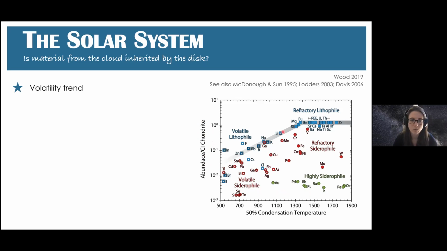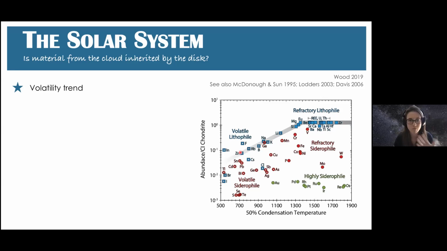And this trend that we're seeing, especially for those blue elements, has been interpreted as the fact that early on, before the sun formed and the planets formed, the material was heated to temperatures above 2000 Kelvin, completely atomizing all this material. And then during the formation of the disk, the material cooled down, and these materials condensed into minerals according to their condensation temperature.